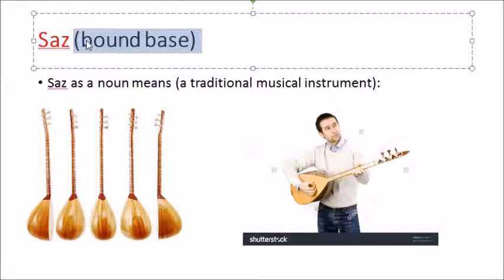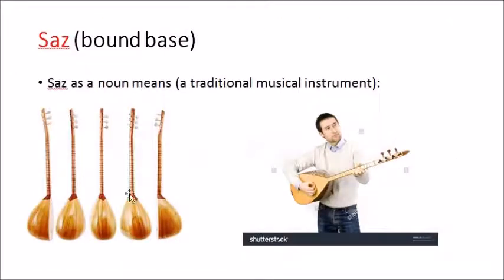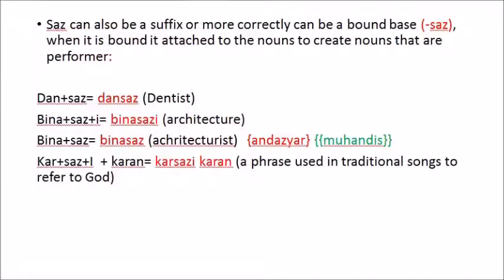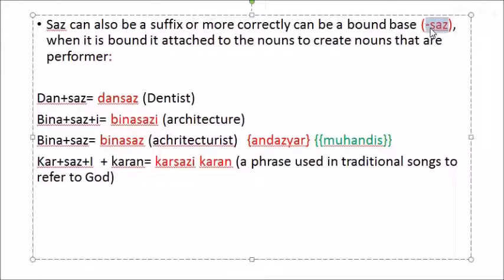In Kurdish, saz can be a bound base, but at that time it doesn't mean this music instrument. I put this dash so that a word can come before it. When it is a bound base, it attaches to nouns to create nouns that are performers.